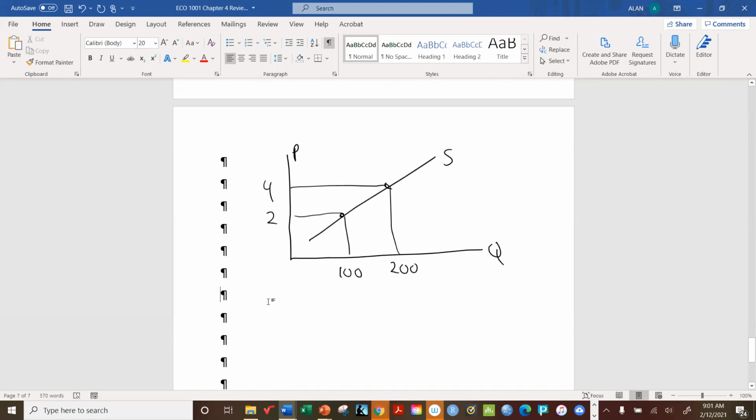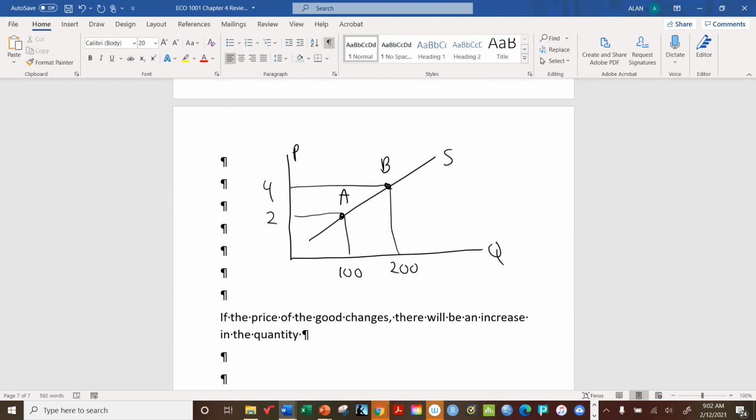Now, we want to make a note that if the price of the good changes, as we saw here, let's say we start at point A and we move ourselves to point B. If the price changes, there will be a change in the quantity supplied.